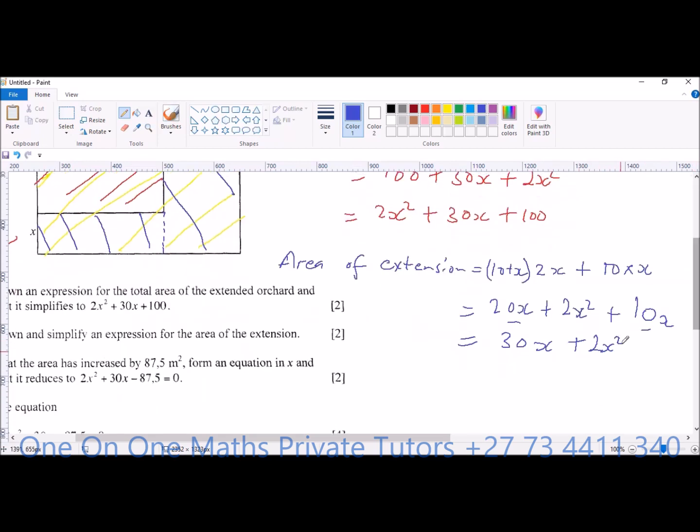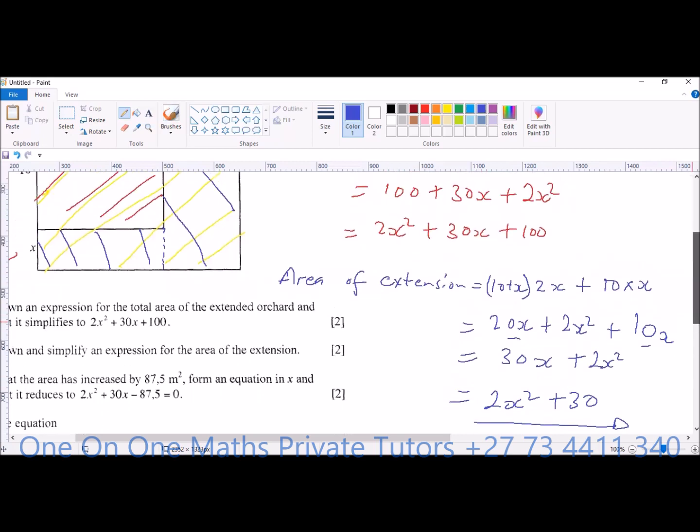Usually we would want to write higher powers of x first, 2x squared plus 30x. So that is the area, all right, of the extension.